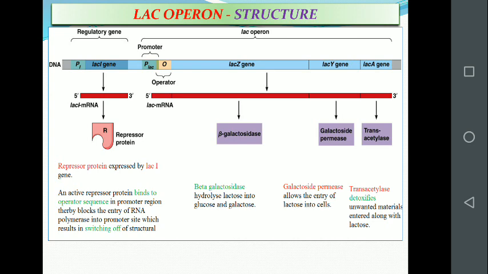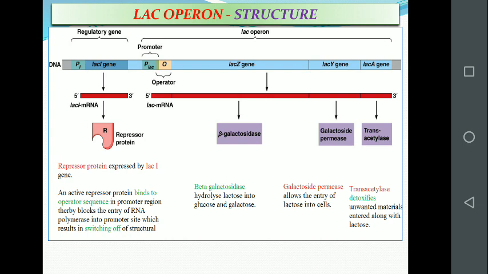Okay, so you have to remember this. Okay, this gene will be constitutively expressed, whether the lactose is there or not. If the lactose is present in the medium or absent in the medium, the LAC-I gene is always in the switched on form, but it expresses at a very slow rate.